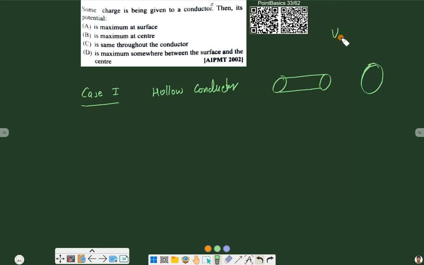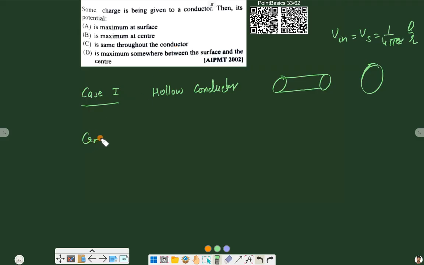So potential inside is equal to potential at the surface, which is 1 by 4 pi epsilon naught times q by r. So in this scenario, we can say it is the same throughout the conductor for a hollow conductor.